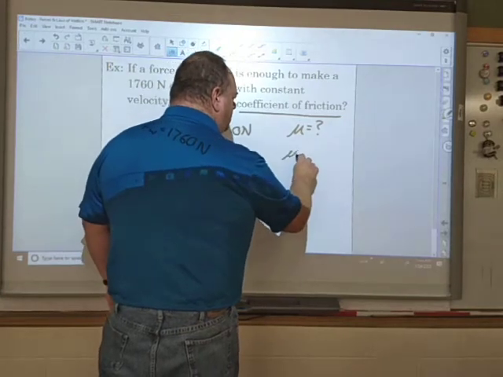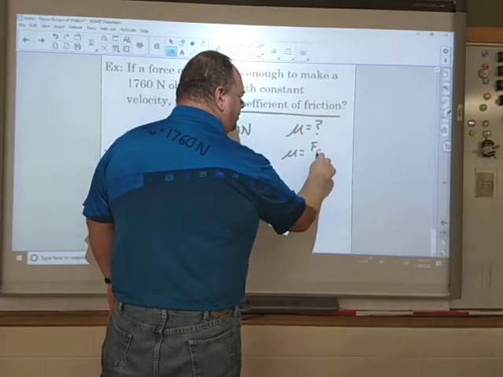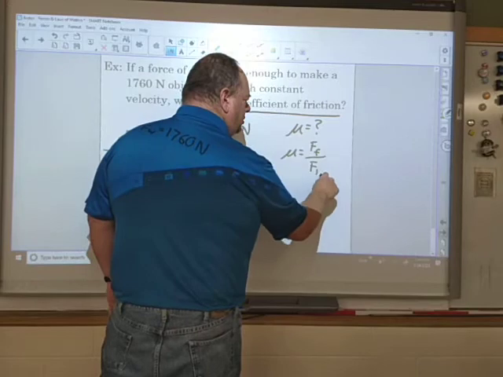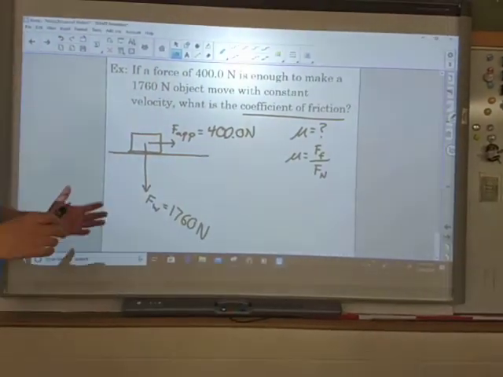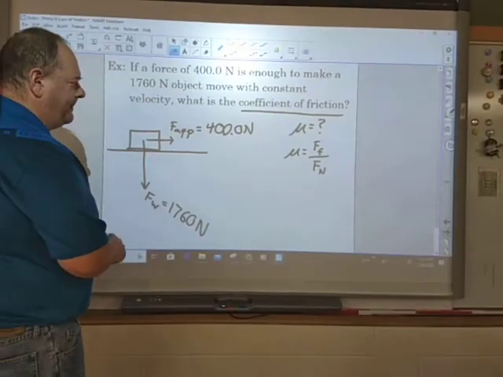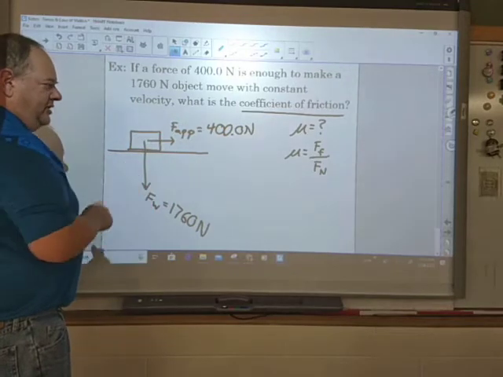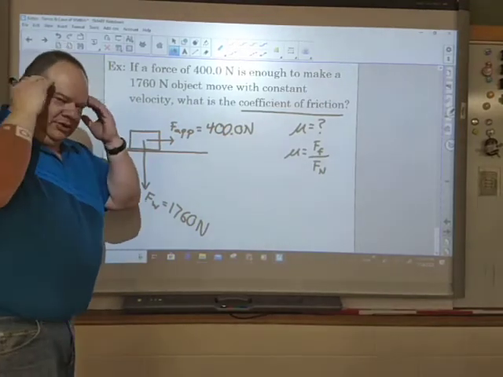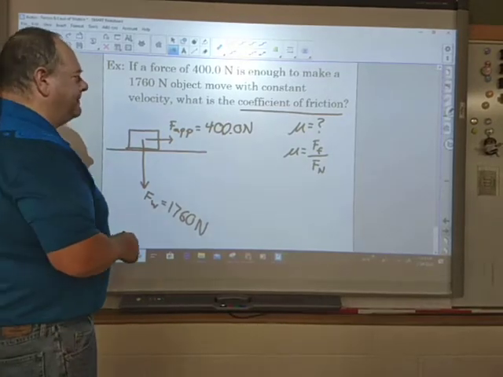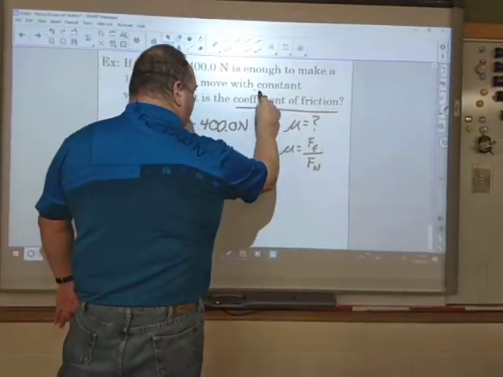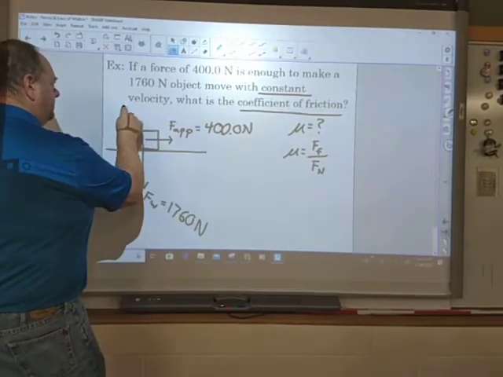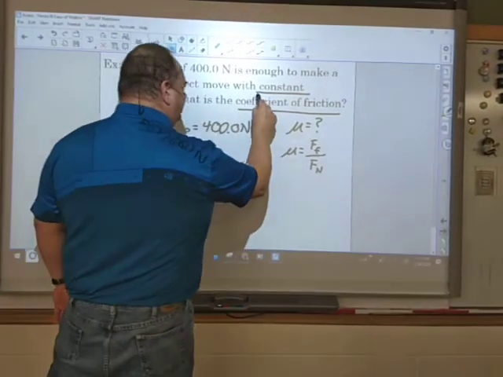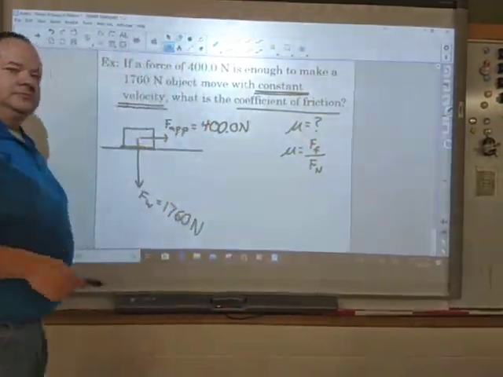Now, mu equals the force of friction over the normal force. That was our definition of mu. And I didn't tell you the force of friction or the normal force. So here's where your physics brain has to come in. Because this right here, constant velocity, that means something.